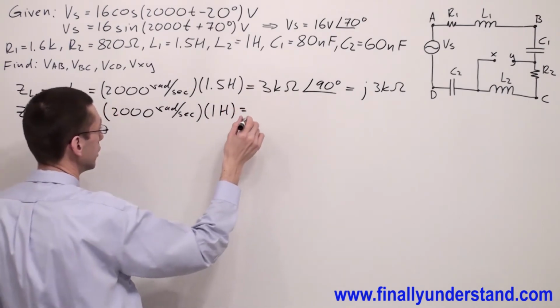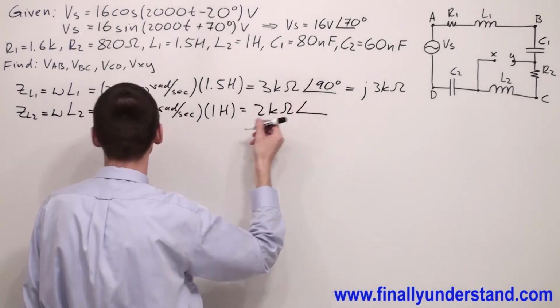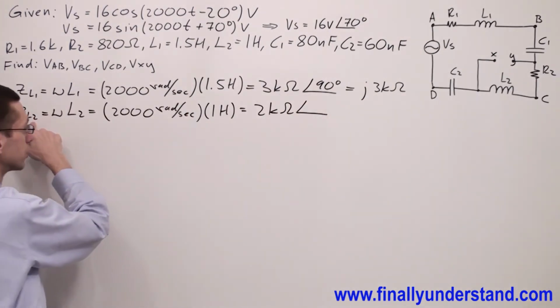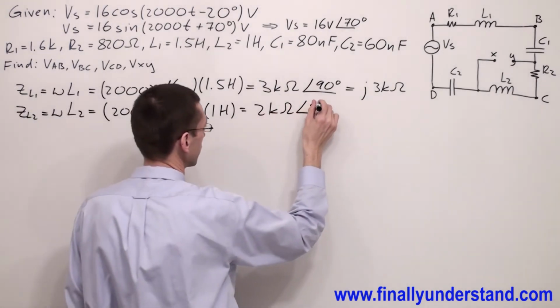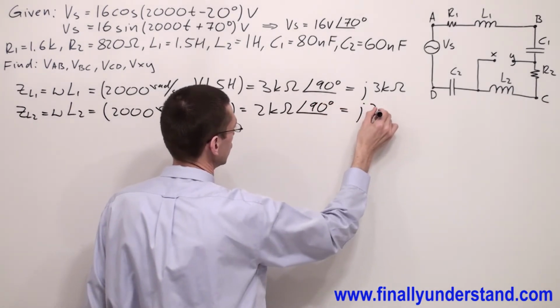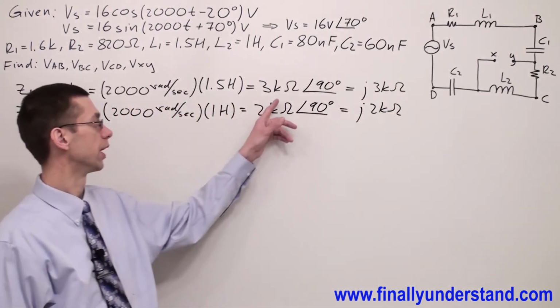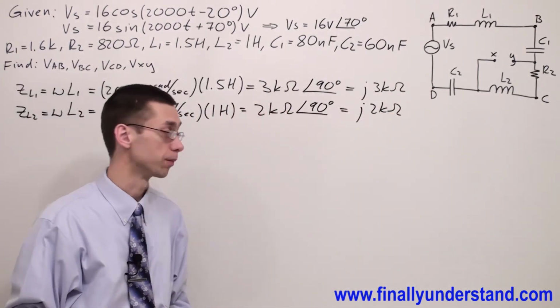This is equal 2 kilo ohms and angle, of course, because this is impedance of the inductor, of 90 degrees. Or we can say this is J2K. We're going to use most of the time the polar form.